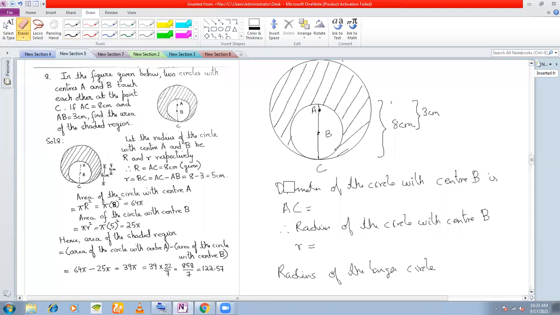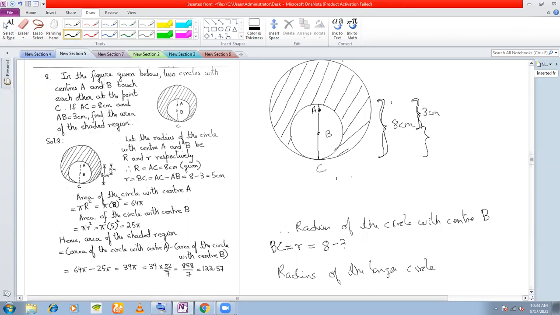Let's directly calculate the radius of the smaller circle. See here, this length is 8 centimeters. This length is 3 centimeters. That means how much is BC? BC is the radius of the smaller circle, which is equal to 8 minus 3, 5 centimeters.